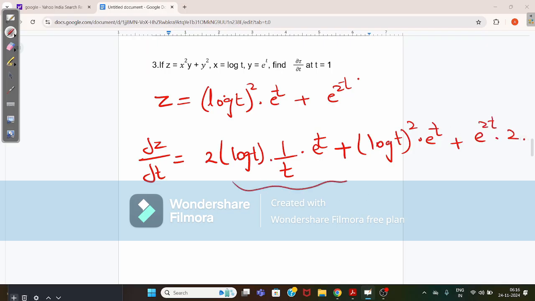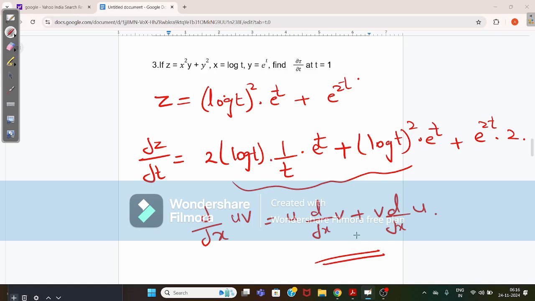Here the formula used is d by dx of u into v gives the value u differentiation of v plus v differentiation of u. So where the value of v is log t whole square, and u is e power t.